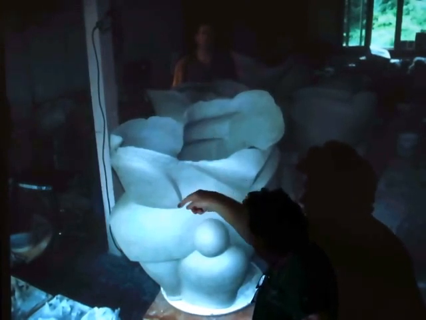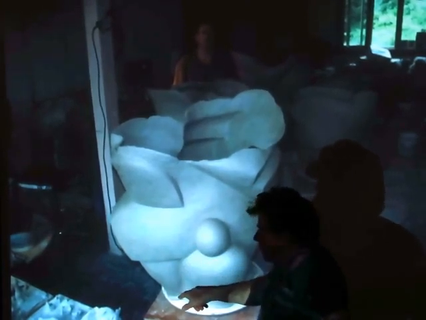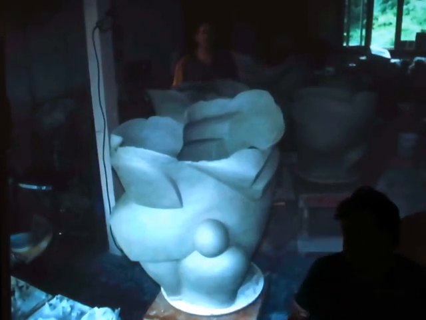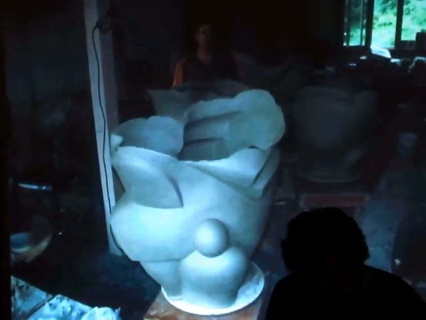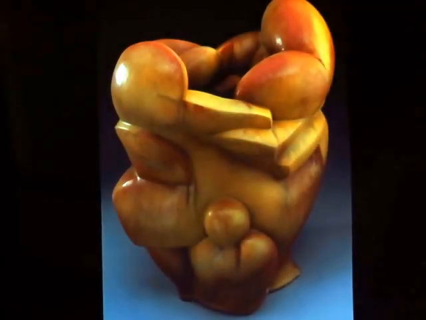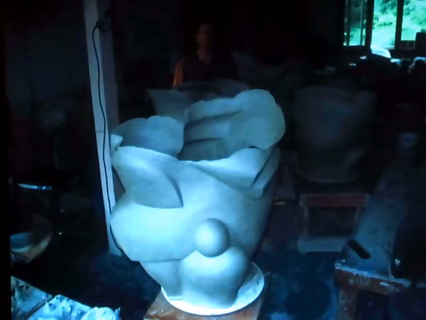Everything's going bam, bam, bam, all going down to there. So that's just like an orifice hanging out. This is also double wall. There's a whole interior wall being built at the same time, but you just can't see it in the photograph. So that's the same piece fired.